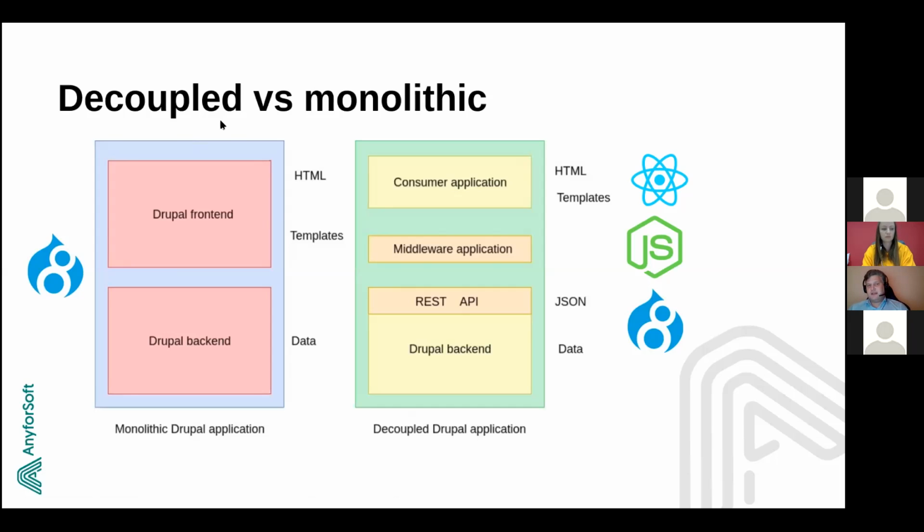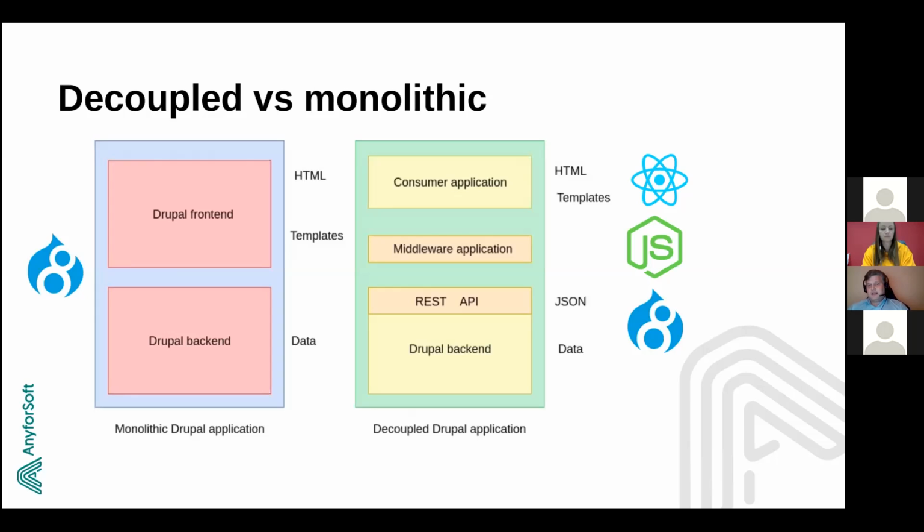In this case, with a Drupal application or Drupal site, we have the Drupal backend and also the Drupal frontend, which generates data using the Drupal template system and Drupal rendering system for providing results and displaying them in the client application or client browser. That's the monolithic application.